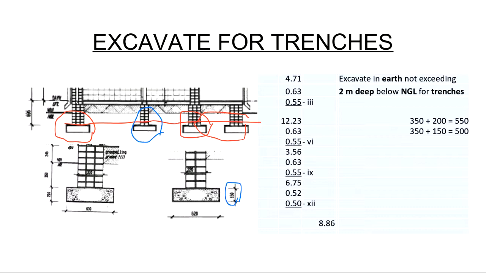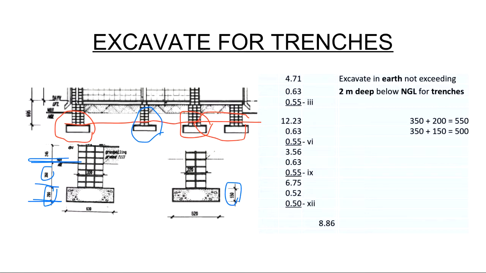So I am now wanting to look at what is the depth that I want to excavate. So I can come to my section and I can see, okay, there is my natural ground level. I want to excavate to the bottom of my concrete. So I see there is the 350 given over there, and I take the thickness of the concrete to get to my overall depth that I want to excavate.